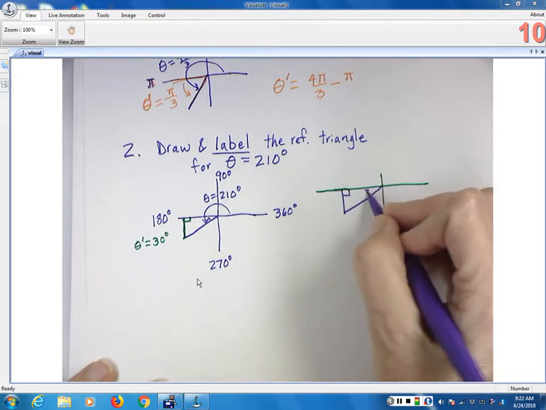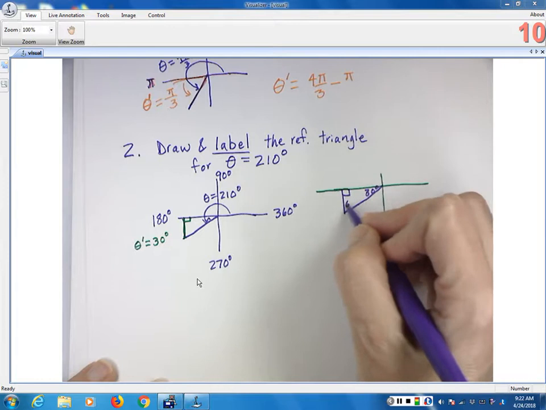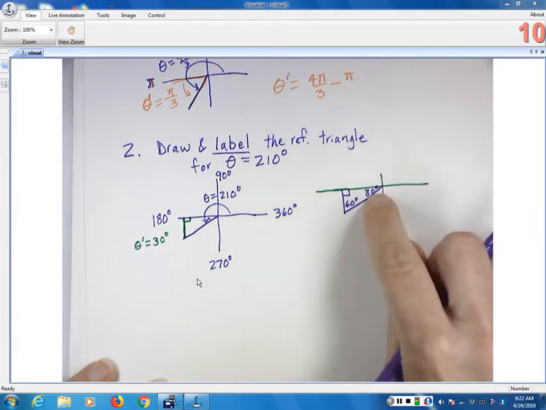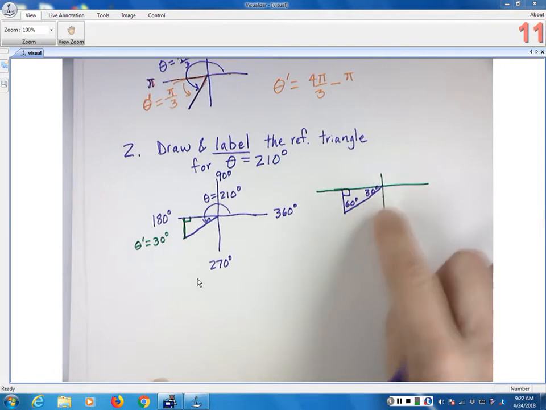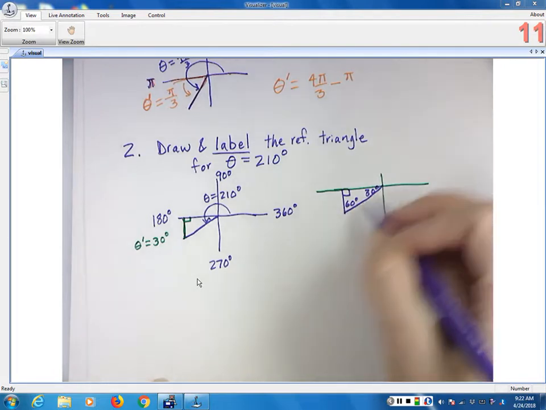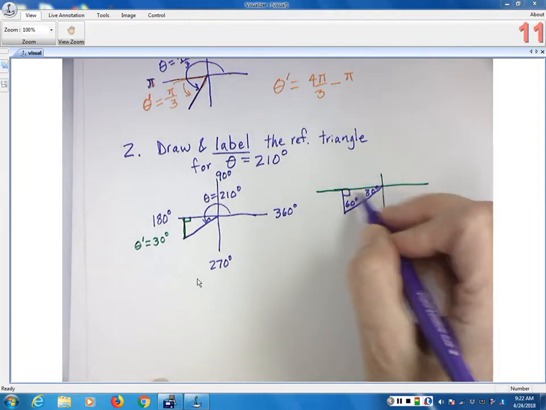Did I make it big enough? 30. Some of you got mixed up between the 30 degree and the 60. The 30 degree is going to be the smaller one, and the 60, and it's always against the x-axis.